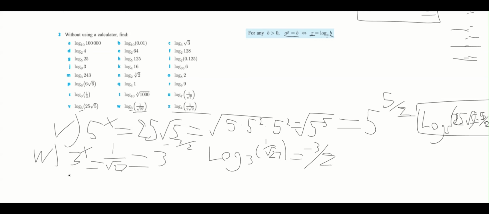And then last question, x. So A is 4, so 4 to the power of x equals 1 over 2 root 2. 1 over 2 root 2 is the same, so we can bring the 2 into the square root and go 1 over the square root of 2 times 2 times 2, which equals 1 over root 2 to the power of 3.